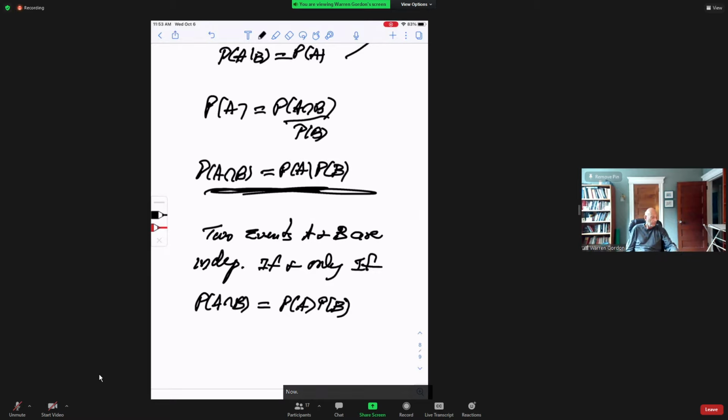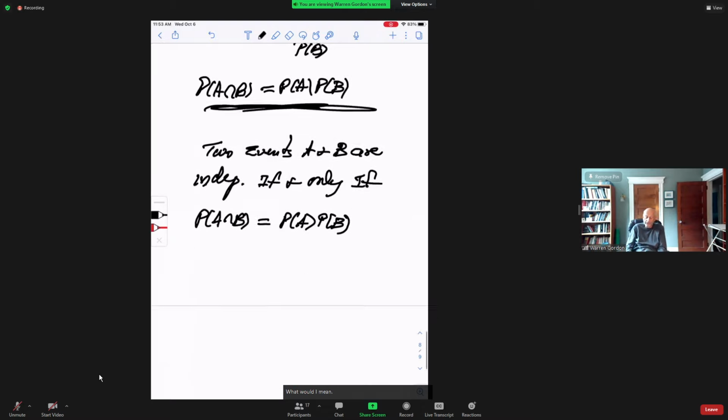Now, if two events are independent, by the way, then it's easy to show that the complements are independent. I show that right in the text for you, or I suggest how you can do it in the text. What would I mean by three events?